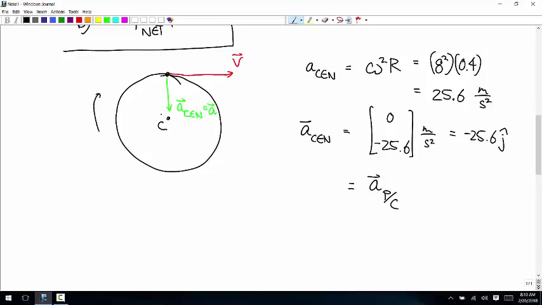The center is moving, so now we have to use this. The acceleration of the particle relative to the ground is equal to the acceleration of the particle relative to the center plus the acceleration of the center relative to the ground.